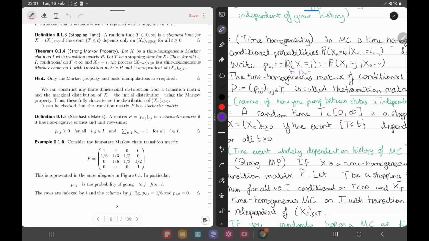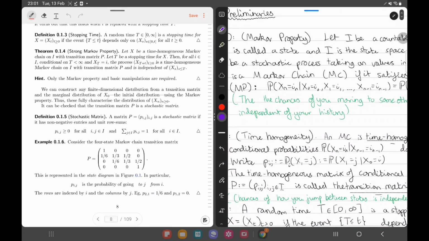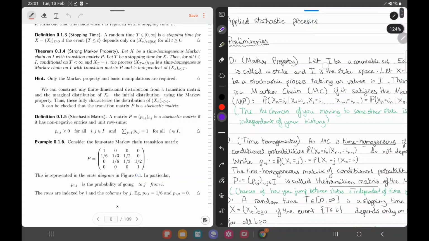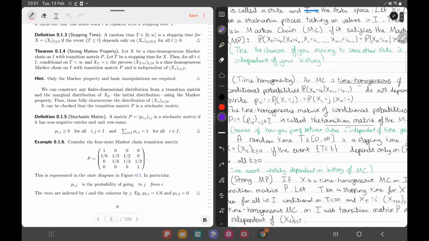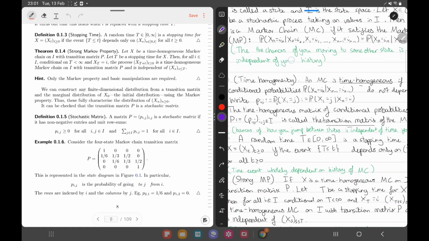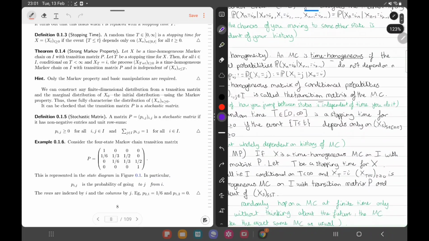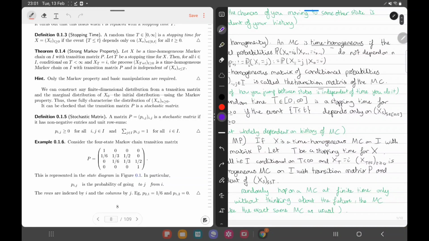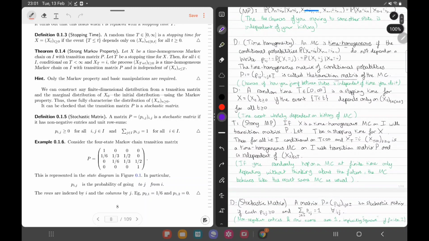So here I'm just saying, assuming I start at state i, and I go to state j in one step, I will denote this as that probability. Actually, yes, here, look, I've stated this definition actually right here. What am I doing? I'm being silly.